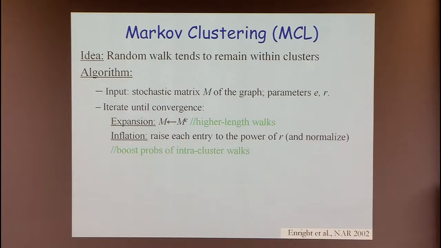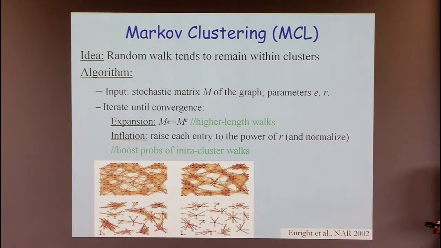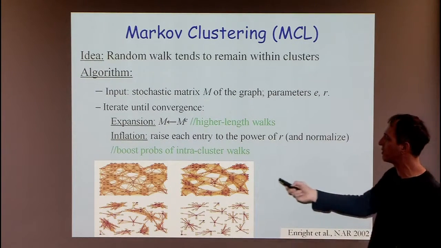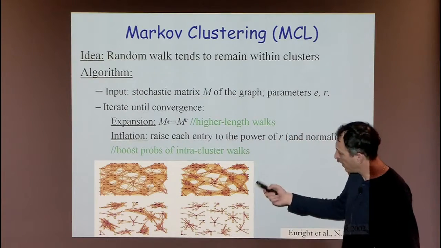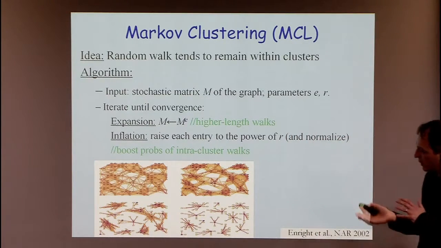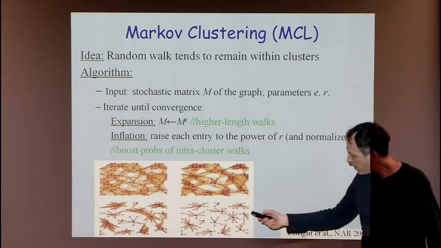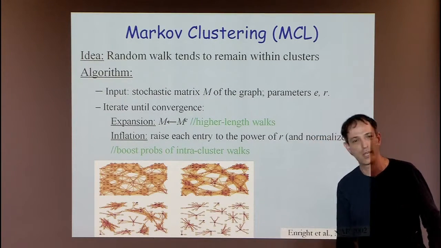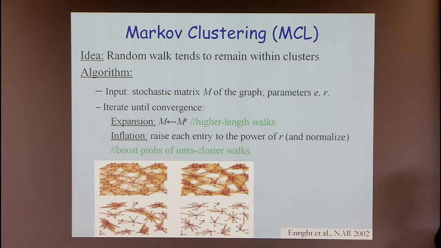If you start with a low probability, it will really diminish. What usually happens, although it's not guaranteed, so there is no proof that this process always converges, is that you start with this convoluted graph, and after something between 10 or tens of iterations, you arrive at something from which the clusters emerge. So this is one approach that has been very successful in clustering biological networks or protein interaction networks.